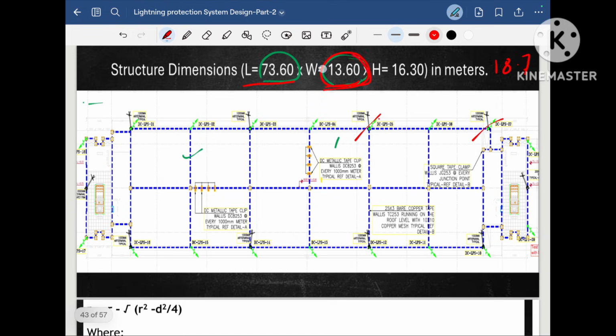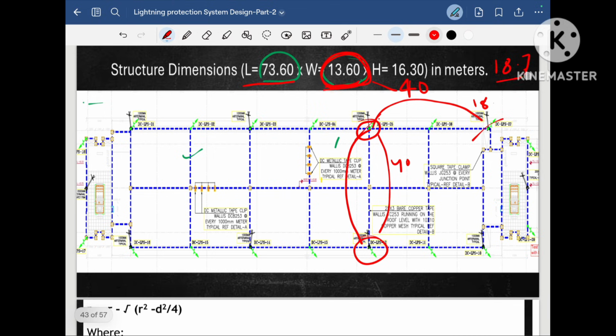Suppose the width of this building is not 13.6 meter but approximately 40 meter. As the width of the building is 13 meter, the air terminal distance is 13.6 meter along the width, and along the length it is around 18 meter. As the width of the building increases from 13.6 to 40 meter, if we place one terminal here and one air terminal here, then the distance will reach 40 meter.